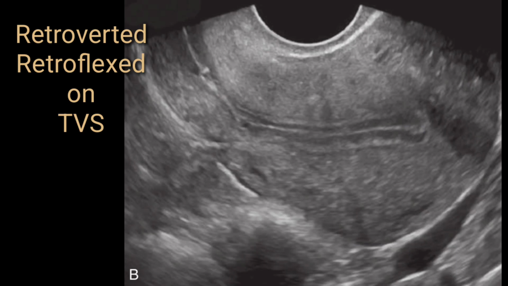The uterine cavity can easily be seen, and endometrial thickness can easily be measured. The myometrium is clearly visible and homogeneous, there is no fibroid activity and no endometrial thickening. So this is a normal retroverted retroflexed uterus on transvaginal scan.